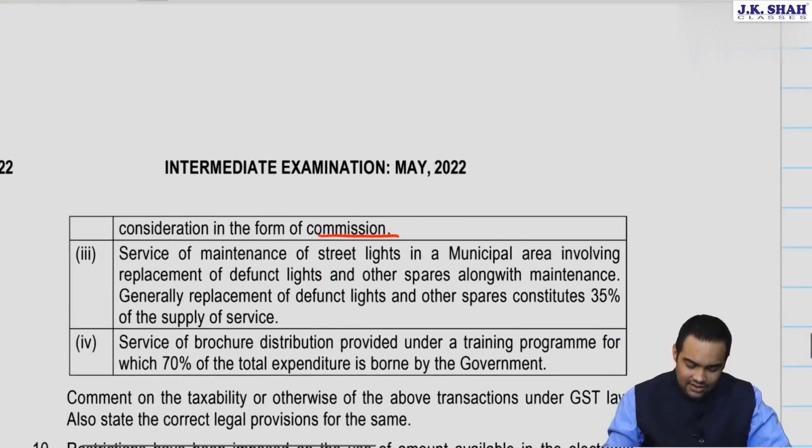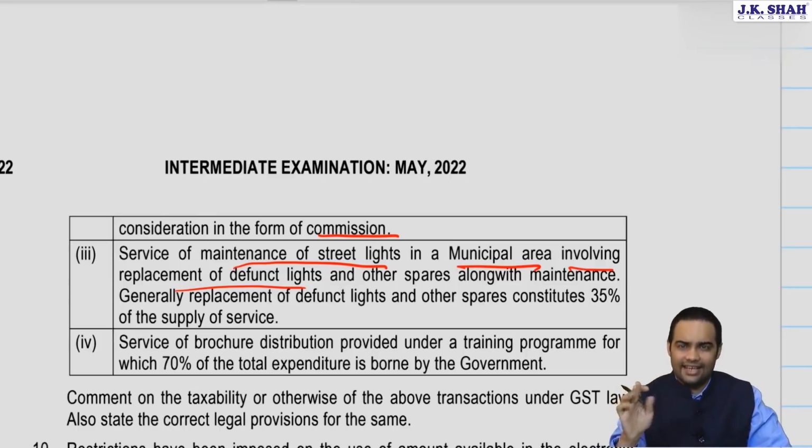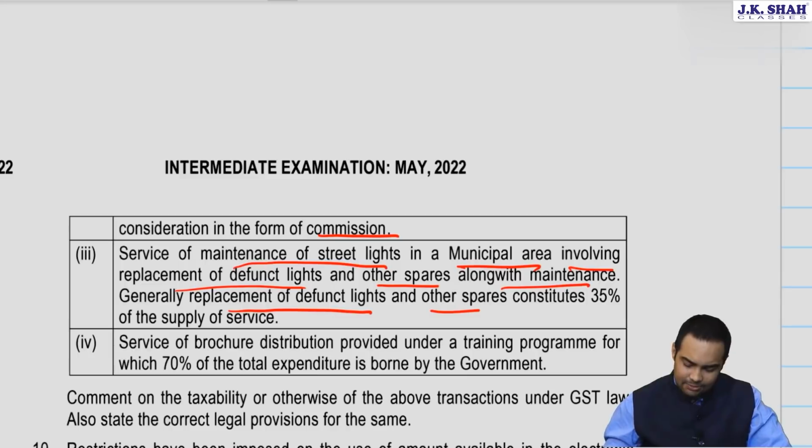Then service of maintenance of street light in municipal area involving replacement of defunct not working lights or other spares along with maintenance. Generally, replacement of defunct lights and spares constitutes 35% of the supply of service.